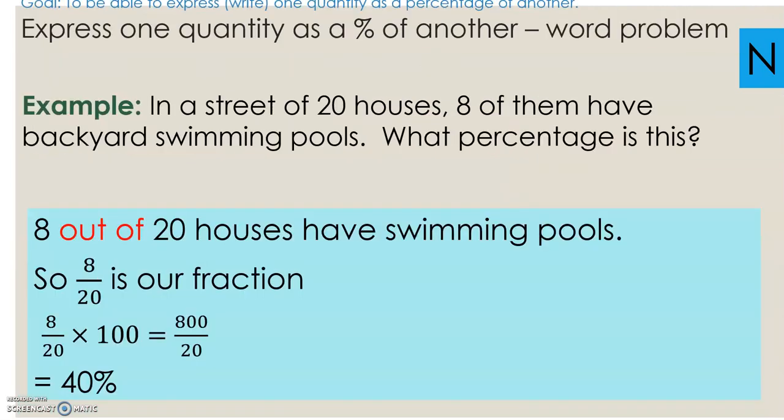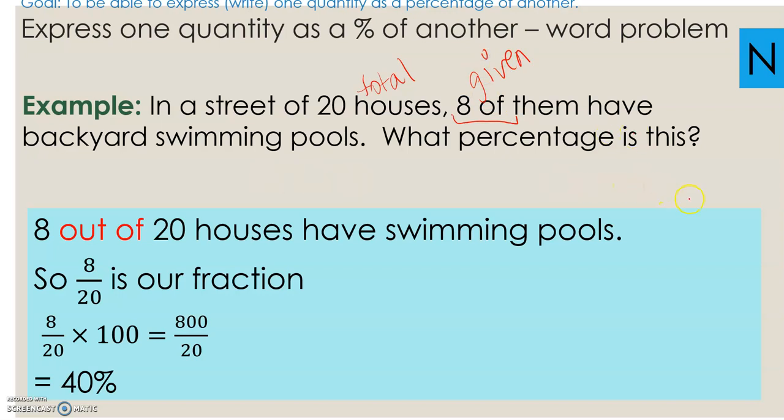All right. So we're looking at another example here of the same skill. This time it's a worded problem. In a street of 20 houses, reading this, I can tell the total number of houses is 20. 8 of them, so the given amount is 8, have backyard swimming pools.